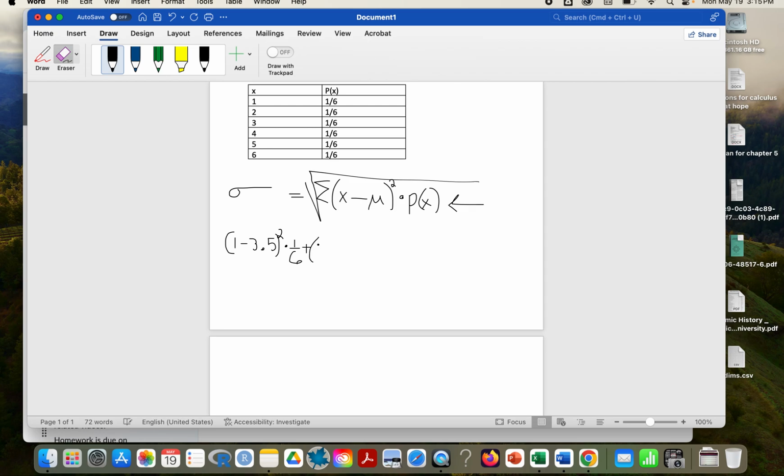So the next one will be 2 minus 3.5 squared times 1/6, and then plus 3 minus 3.5 squared times 1/6.